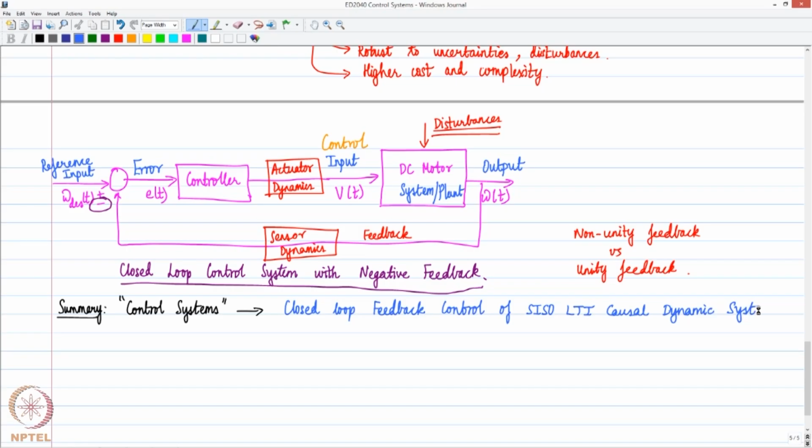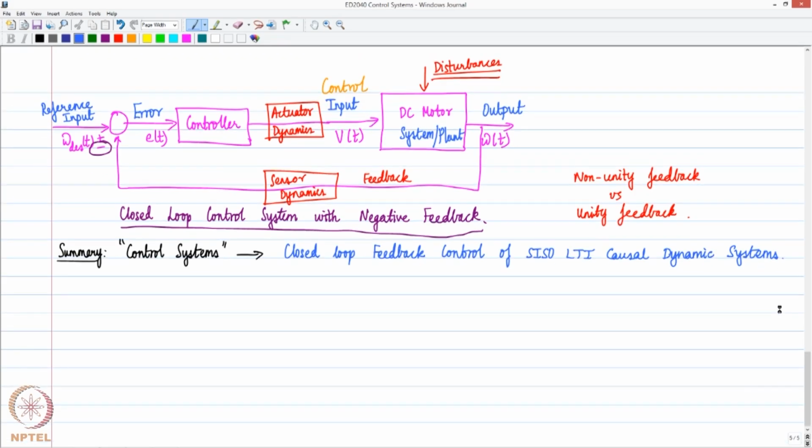So that is the class of systems that we are going to do, SISO LTI causal dynamic systems, and we are going to do what is called closed loop feedback control of this class of systems.